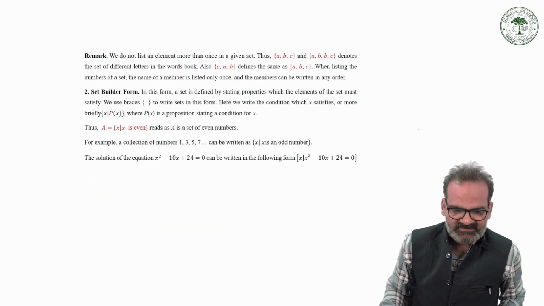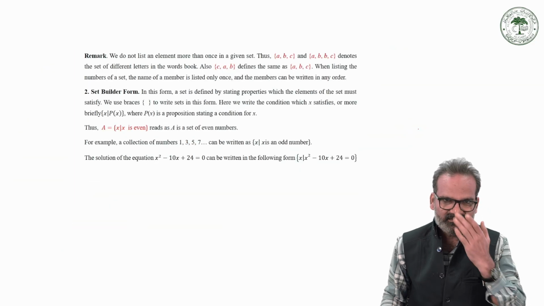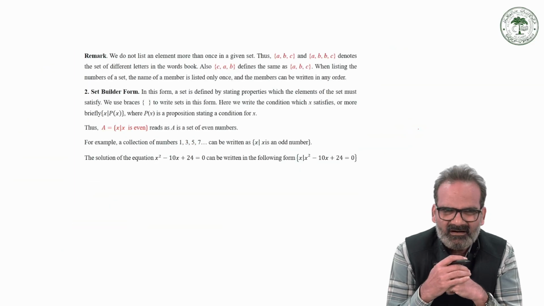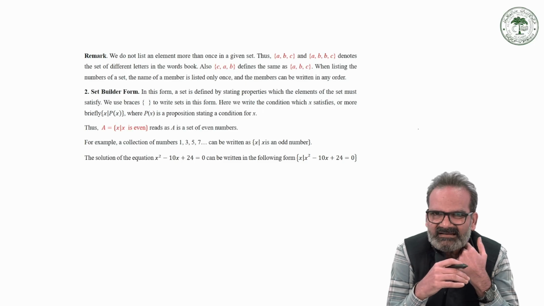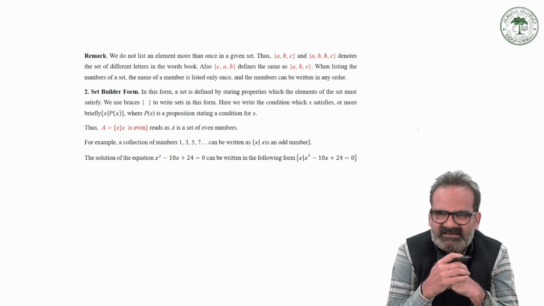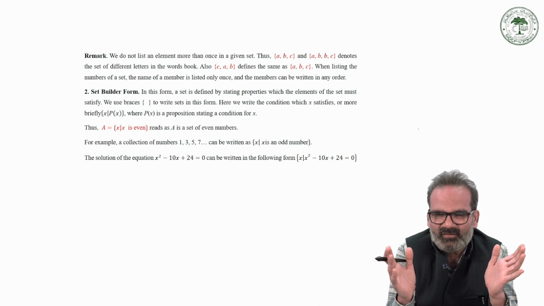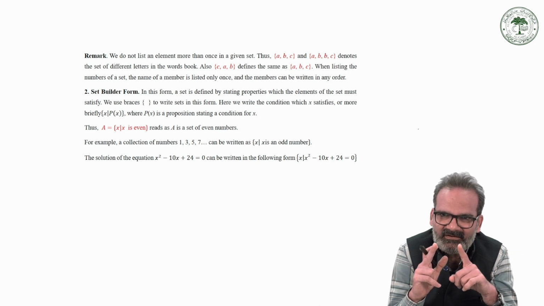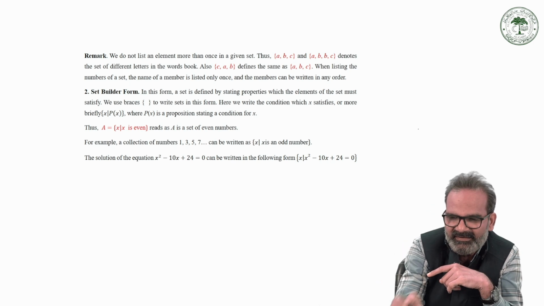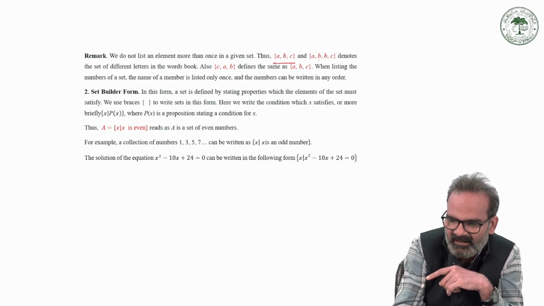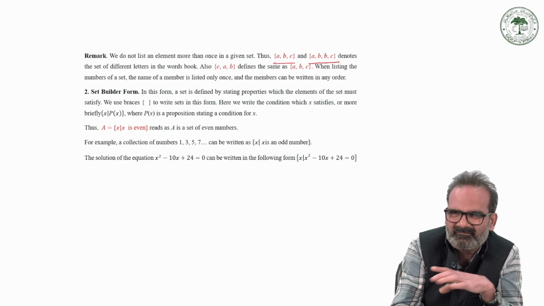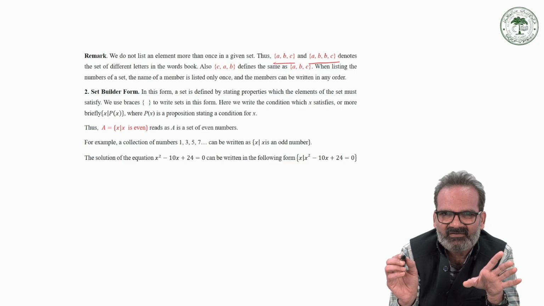The second form is what? Set builder form, right? Before set builder form, a remark: we do not list an element more than once in a given set. Repetition of elements in a set is not allowed. We will write down an element only once. Thus {a, b, c} and {a, b, b, c} are both the same, denoting the set of different words.